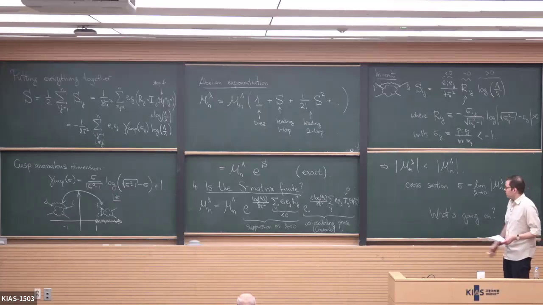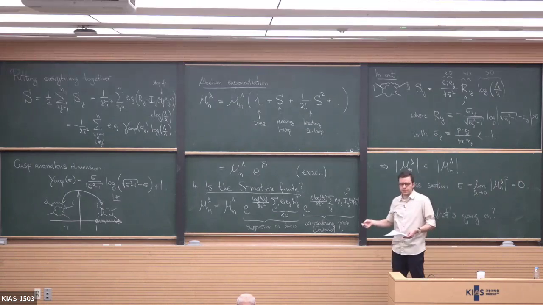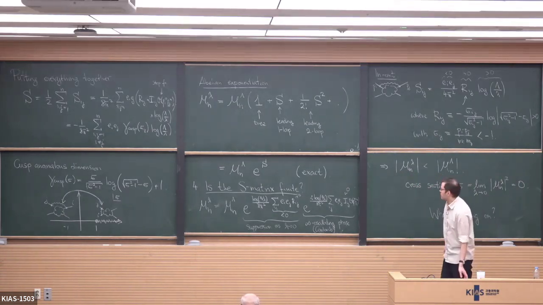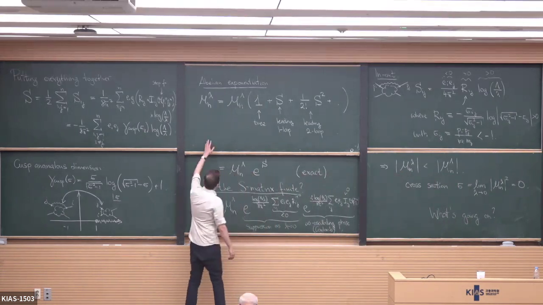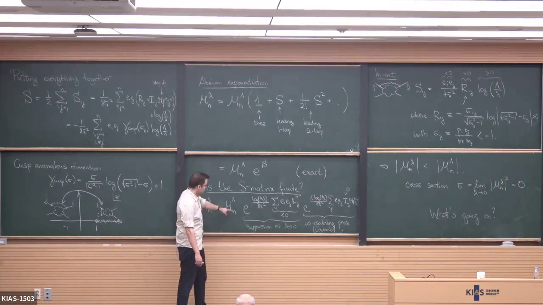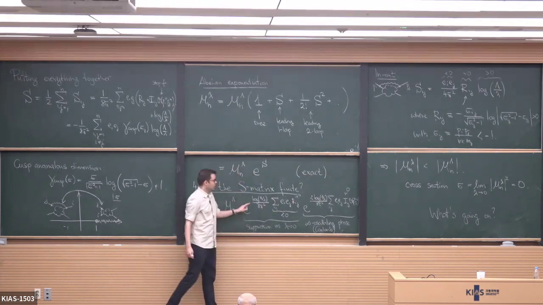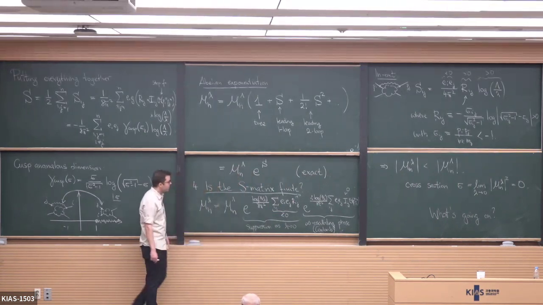So let me recap what we've done. We've analyzed Feynman diagrams, and then we've seen that each individual Feynman diagram has a divergence. But then somehow the magic of the abelian exponentiation told us that all these divergences, in fact, exponentiate. So they go into the argument of the exponential.